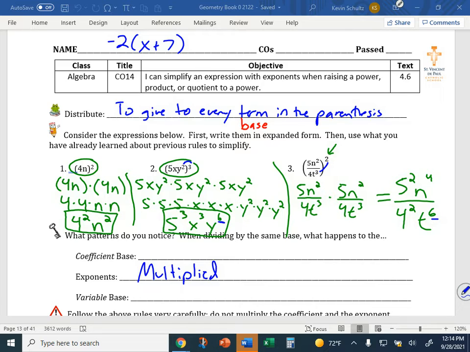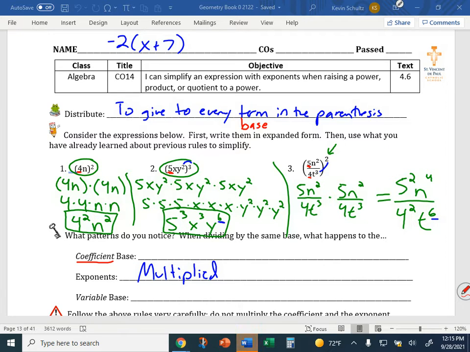How about a coefficient base? And by coefficient base, I'm talking about, in this case, the 4 here, in this case, the 5 here, and the 5 and the 4 here. I like 5s and 4s, apparently. Okay. What happened with that coefficient base? Gino? Exponent on the outside to the inside of it. Right.